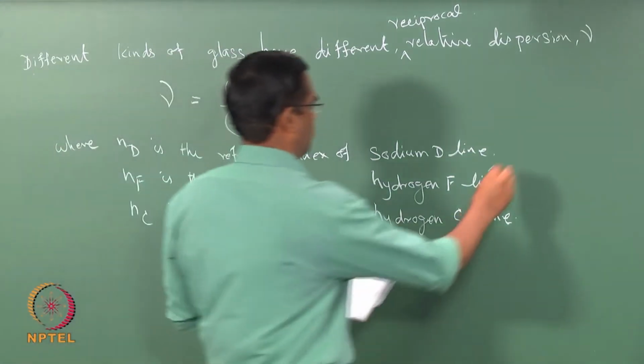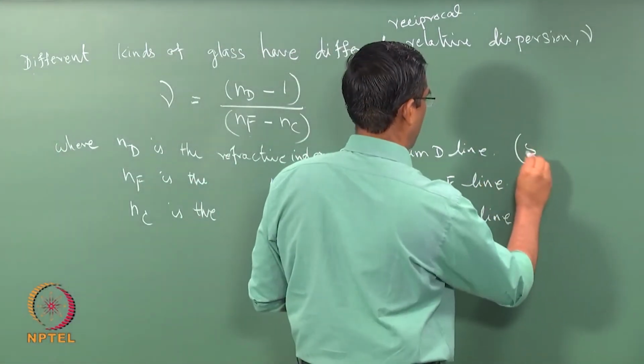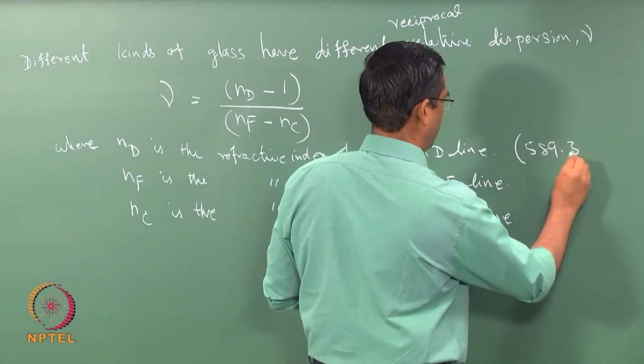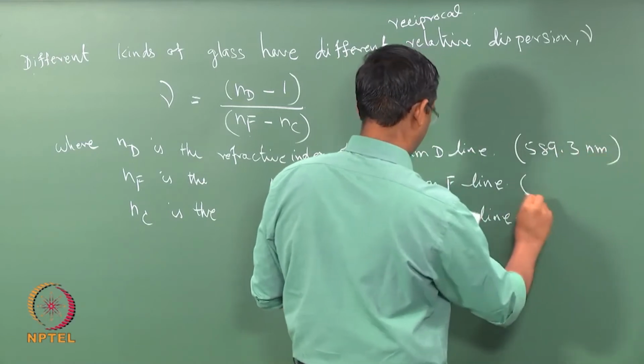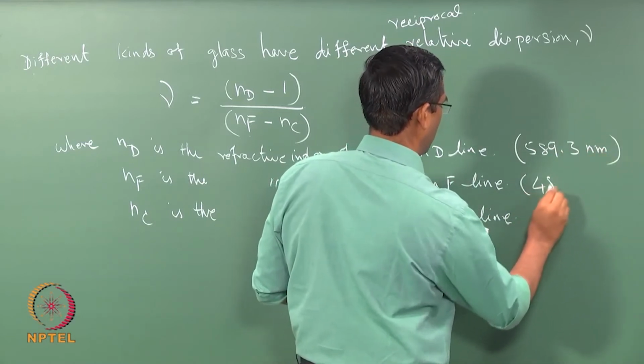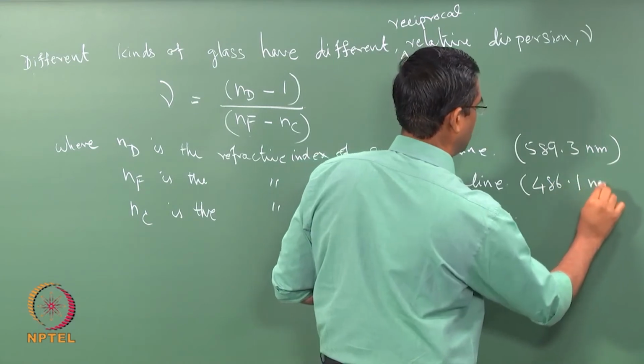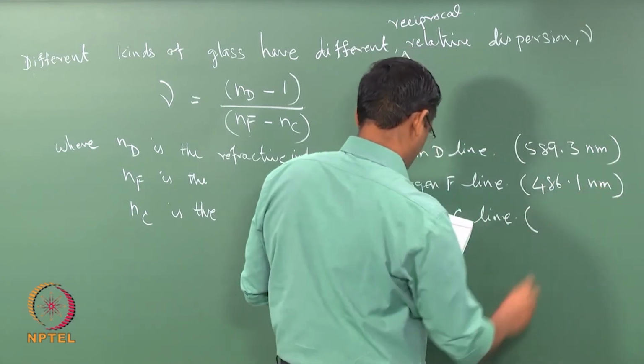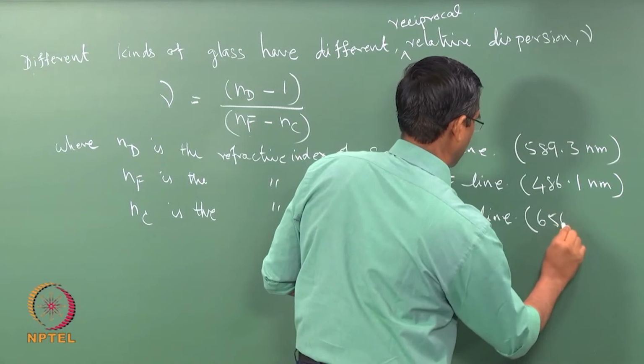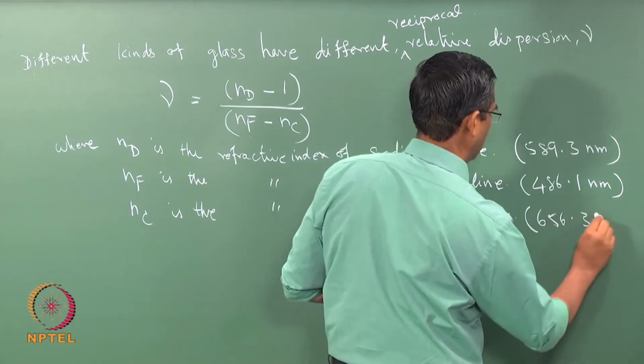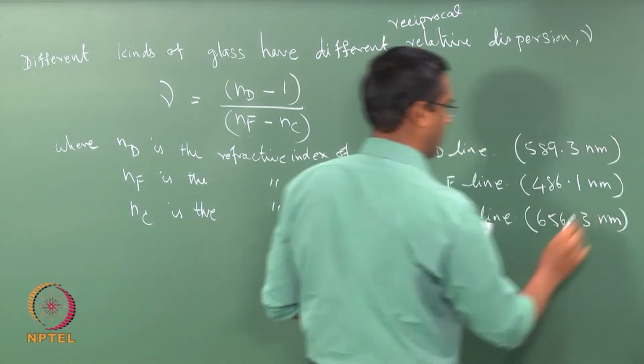You can also note down these values: 589.3 nanometers, 486.1 nanometers, 656.3 nanometers.